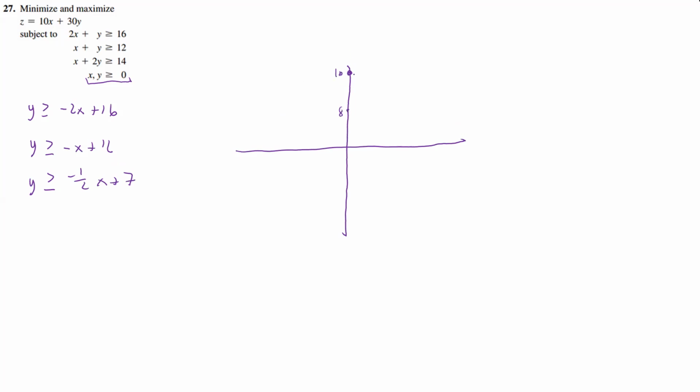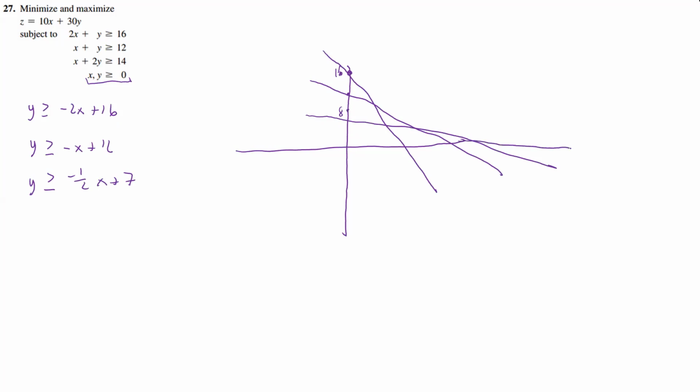At 16, it's going to go down 1, right 1, so it's going to be kind of steep. Then at 12, that's going to be in between here, just down 1, right 1. And then the last one at 7, it's going to be even smaller, down 1, right 2. So it's going to do something like that.